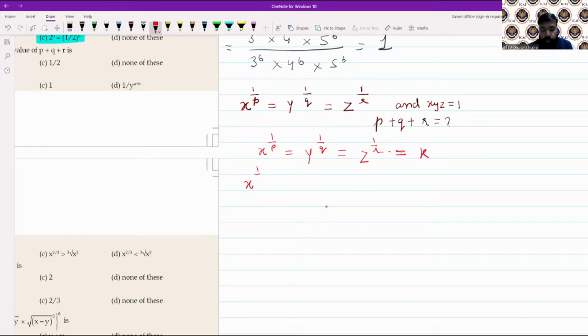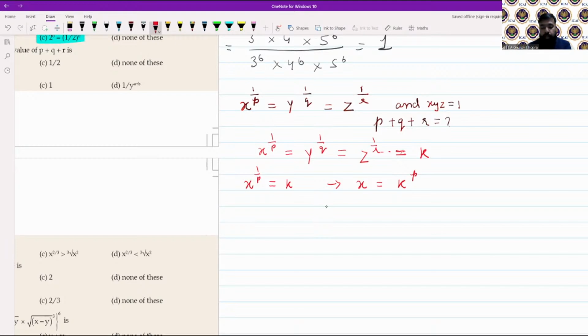If x to the power of 1 by p is equal to k, now we are shifting the power from left hand side to right hand side. Whenever the power is shifting from left to right or right to left, it becomes reciprocal. So it can be written as x equal to k to the power of p, because 1 by p gets reciprocal and becomes power p.